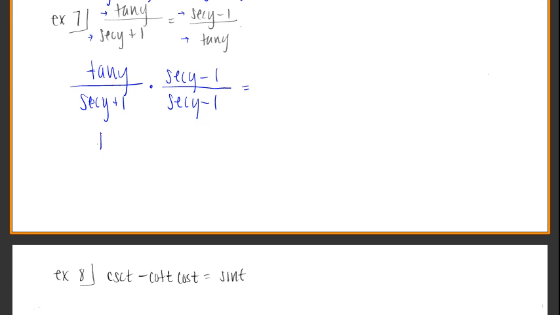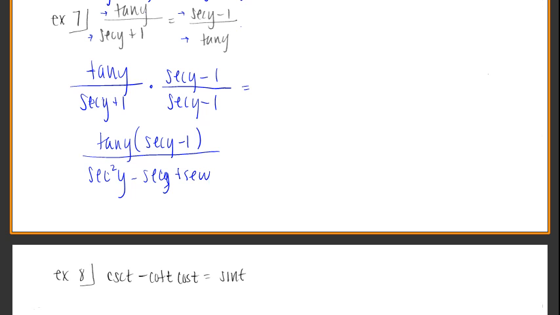So it says tangent of y times secant y minus 1 over, and let's go ahead and FOIL these out. So secant y times secant y is a secant squared y. Outside would be a minus secant y. Insides would be a positive secant y.